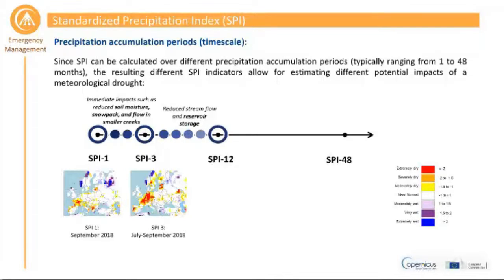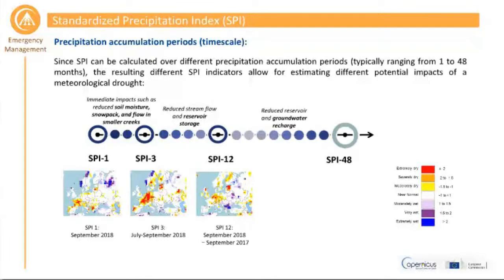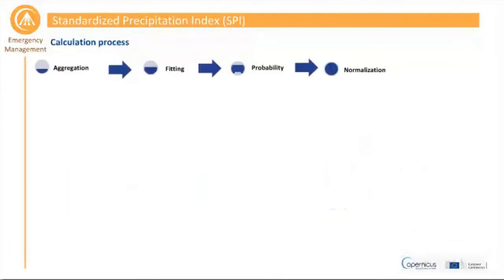When it's computed for a medium accumulation period of 12 months, it can be used as an indicator for reduced stream flow and reservoir storage. Or when it's computed for longer accumulation periods like 48 months, it can be used as an indicator for reduced reservoir and groundwater recharge.